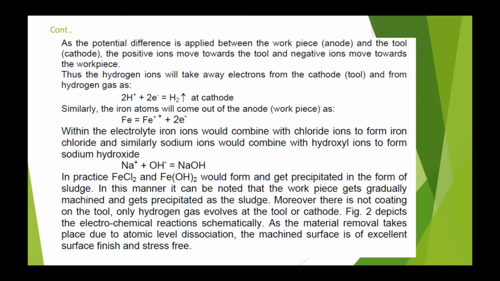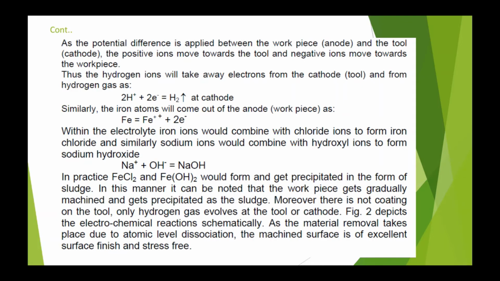In practice, FeCl2 and Fe(OH)2 would form and get precipitated in the form of sludge. In this manner, it can be noted that the workpiece gets gradually machined and gets precipitated as sludge.